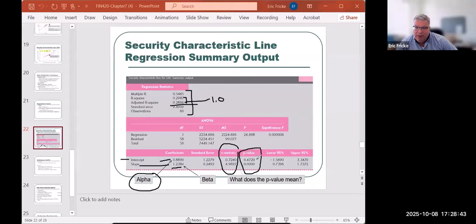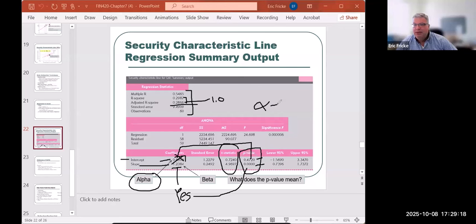So 0.47 is not below 0.1, so that's insignificant. 0.0 for the beta is below 0.1, so that is significant. So the beta of 1.2, yes, we're going to use that because it's statistically significant from the regression. The alpha of 0.899 is not statistically significant, so we're not going to use that.